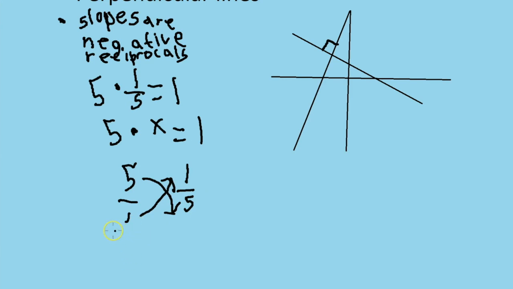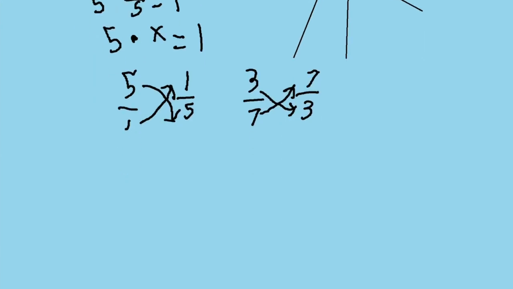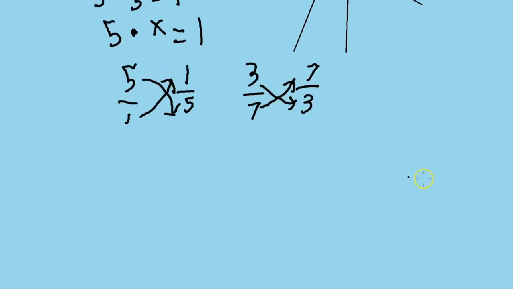For example, with 3 over 7, the reciprocal of that is 7 over 3. You do a flip. So now, a negative reciprocal is basically the negative of the reciprocal, hence the name.